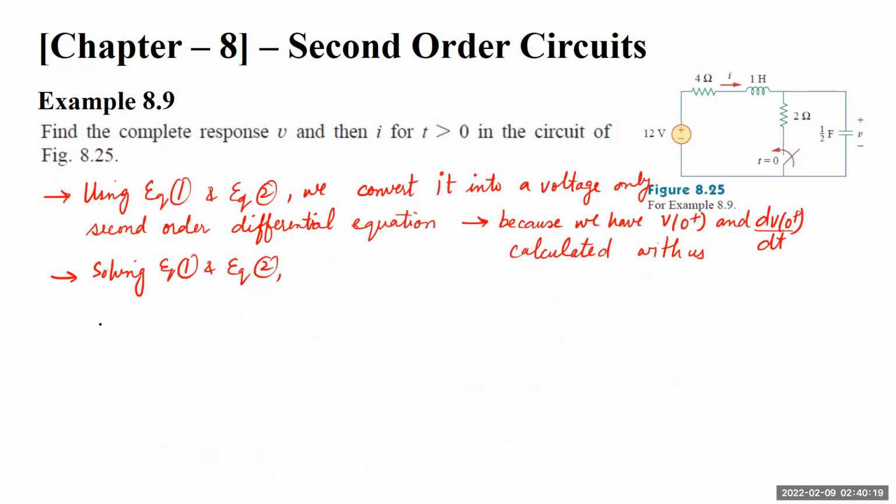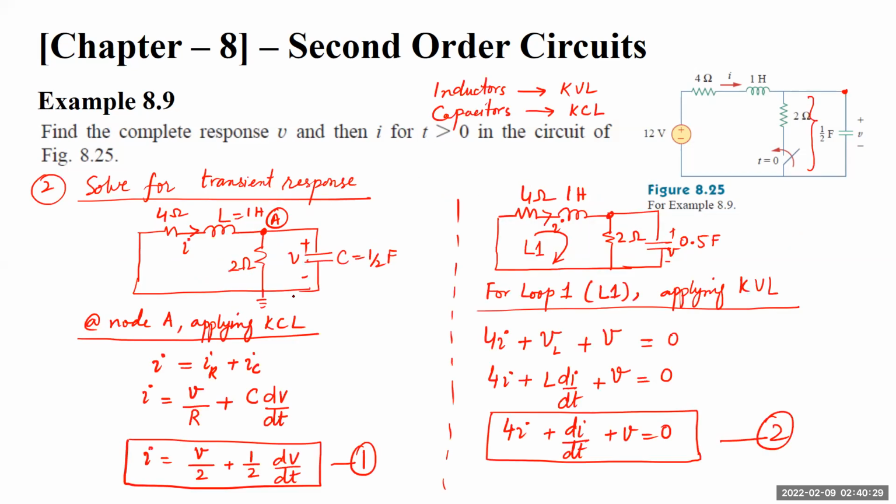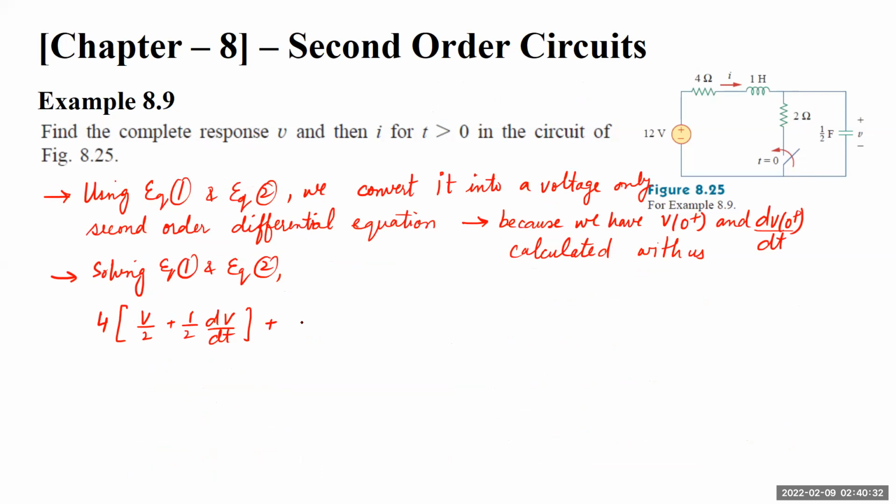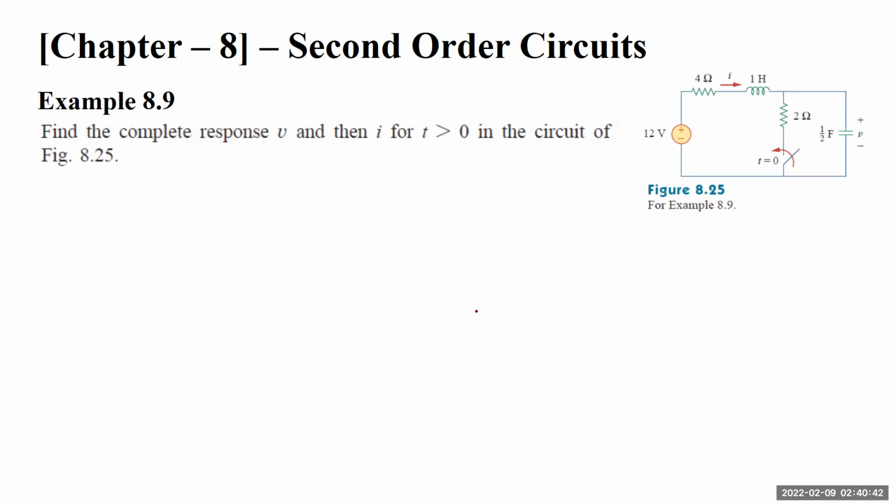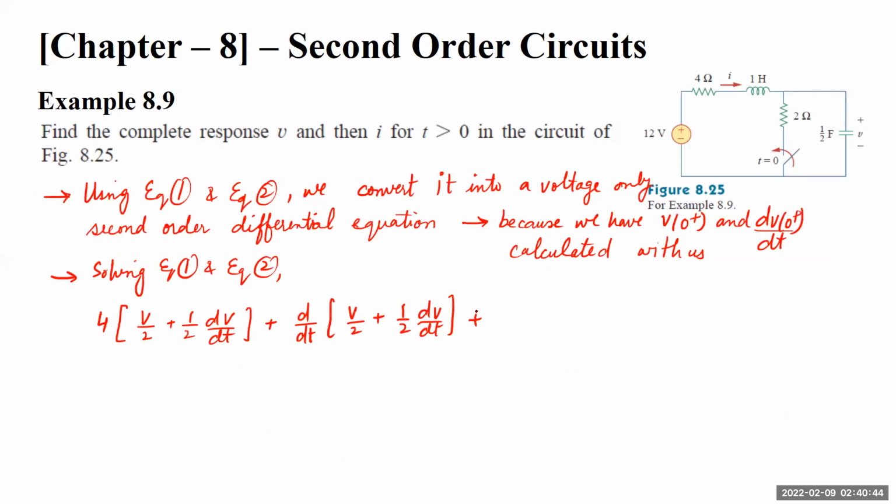We get 4 into I is V by 2 plus 1 by 2 dV by dt, plus d by dt of (V by 2 plus half dV by dt), plus V equals to 0.